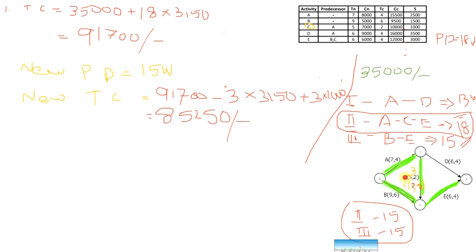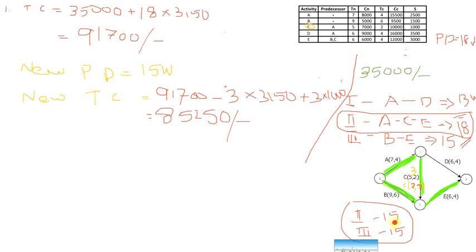That means if you are crashing activity A by 2 days, one of the activities of the other path also should be crashed by 2 days, so that the total duration will be reduced.